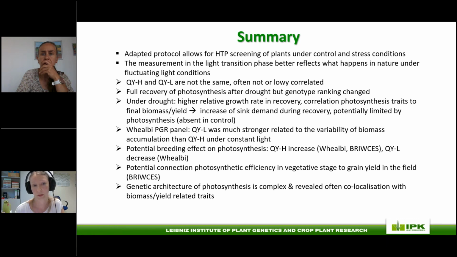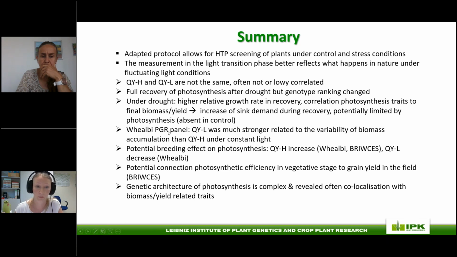And then in this phase there is a correlation between photosynthesis traits and the final biomass and yield, which might reflect an increase of sink demand during this plant recovery phase, where growth is potentially limited by photosynthesis, which is not the case in the well-watered treatment, and therefore these correlations are absent or lower.